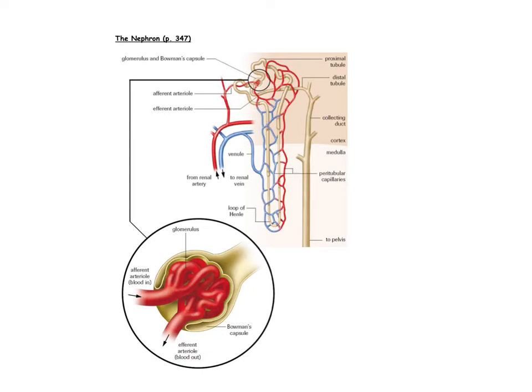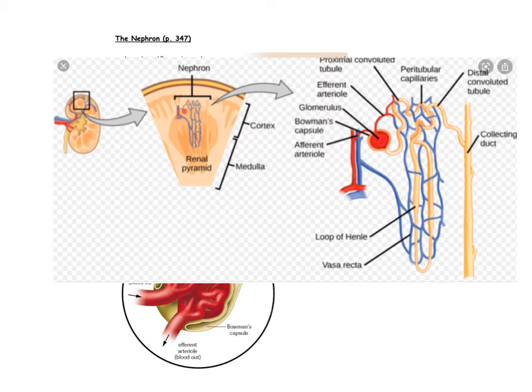And so I'm going to see if I can find another diagram for you, just to give you a little bit of context about where all of this is located. Okay, so here I found this on the internet. What this shows is where this nephron structure is coming from and where it fits in the kidney.